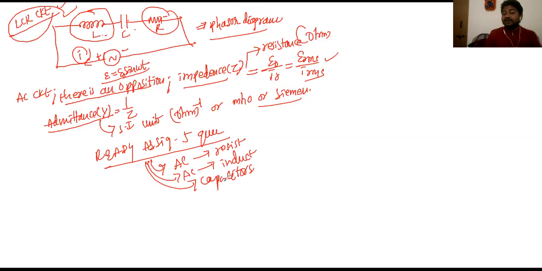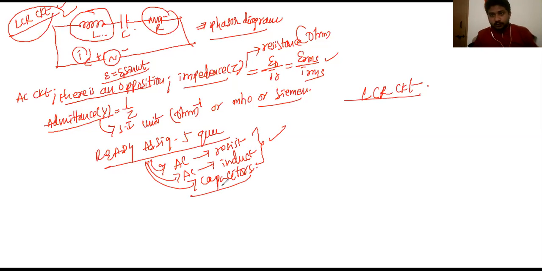You need to revise these 3 things because very little time it will take, and all 3 are similar concepts. So the next topic is the LCR circuit. We will start in the next session, my dear students. All the very best. Thank you so much.